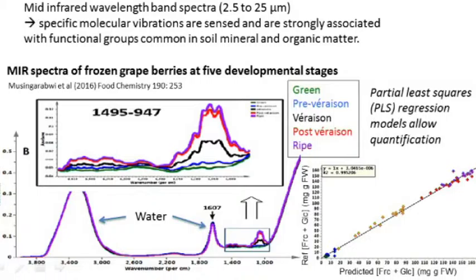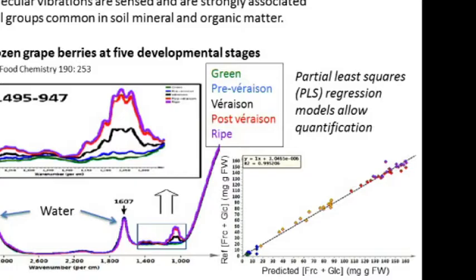So you can see from the different absorption patterns in this region that something is changing in these grapes. And in this case, this is the area where glucose and fructose are absorbing. So you can see that as the fruit is ripening, the concentrations of glucose and fructose are increasing. And they did analysis of partial least squares regression models, a complicated way of analyzing these spectra, and compared that to chemically analyzed data of glucose and fructose.